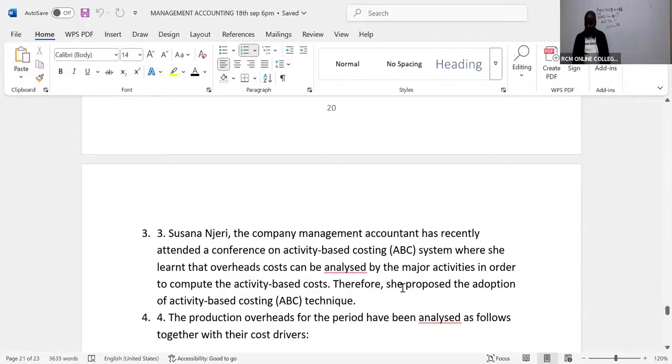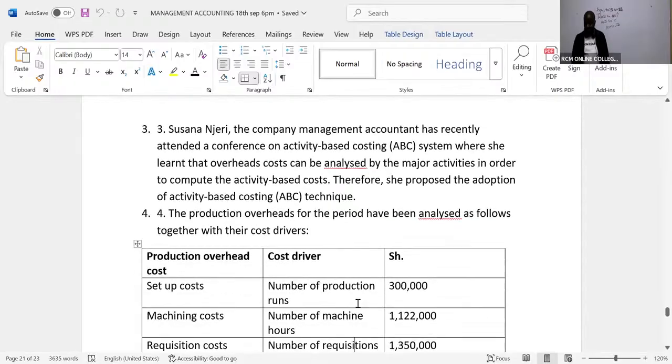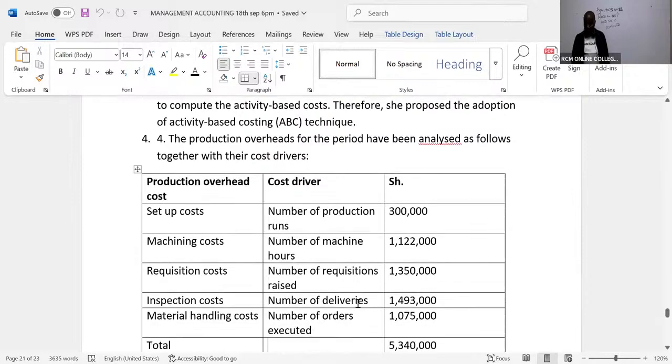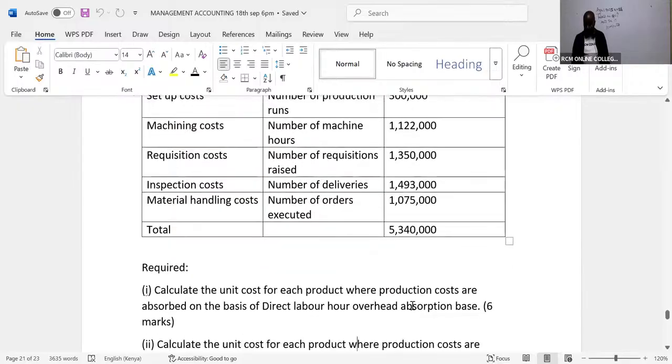Therefore, she proposed the adoption of ABC technique. The production overhead for the period has been analyzed as follows, and you can see the total overhead is 5,340,000.